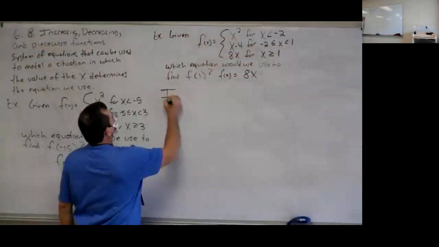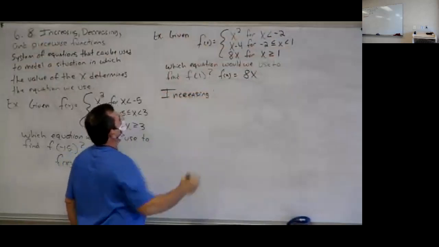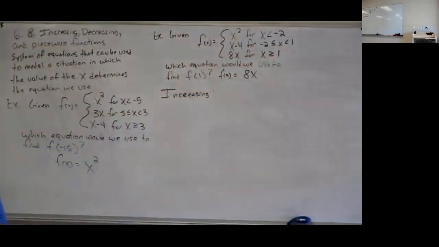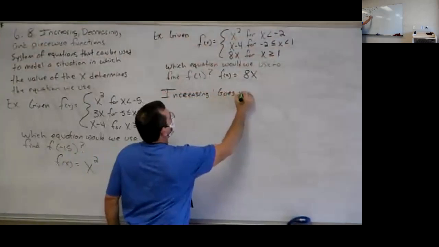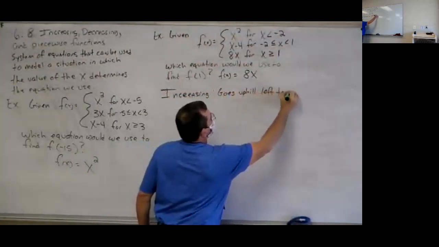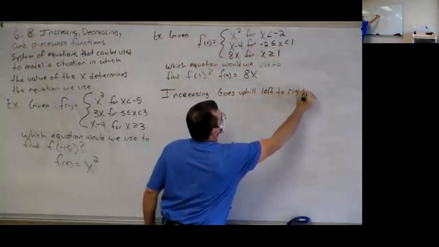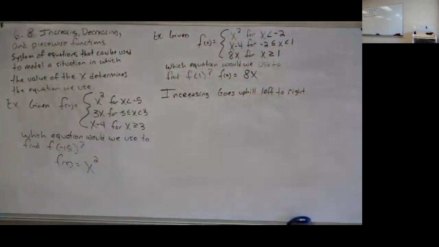So to be increasing, that graph has to go uphill, left to right, which means all of my y values are increasing. So you're looking at what's happening to the y values on these.